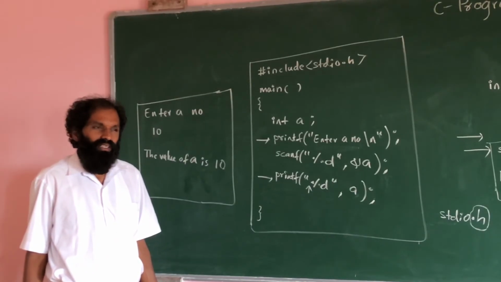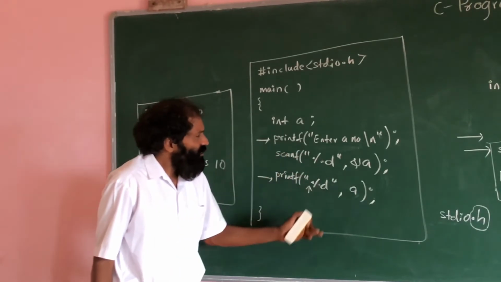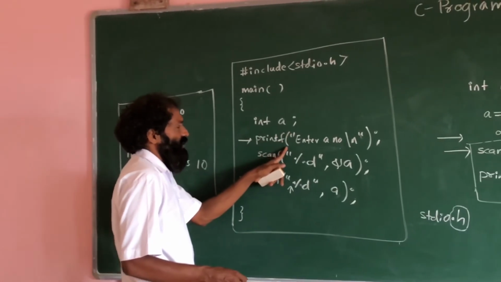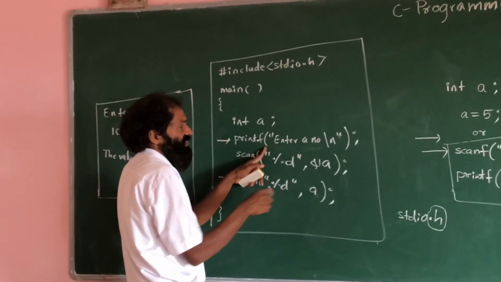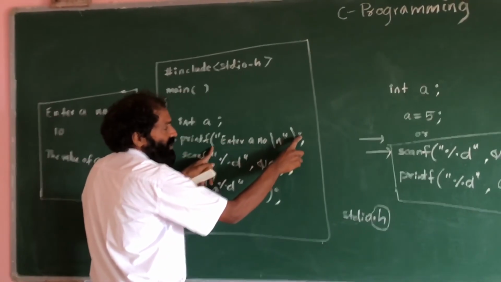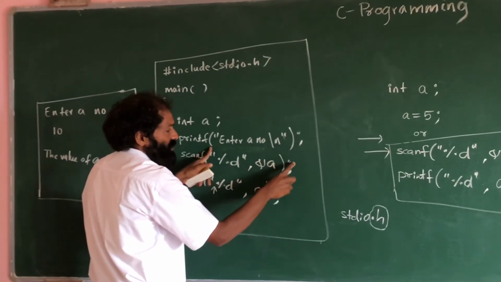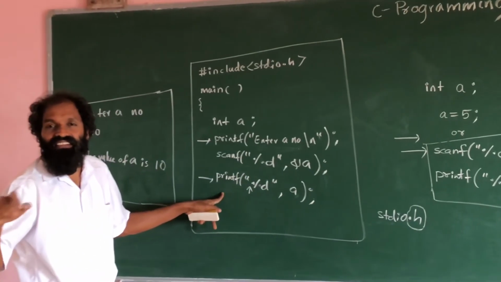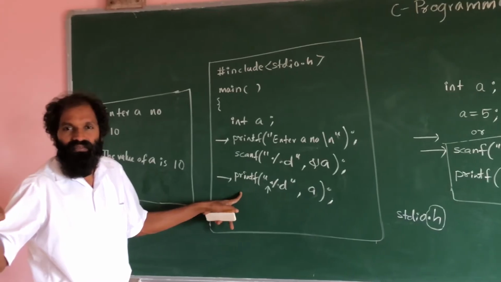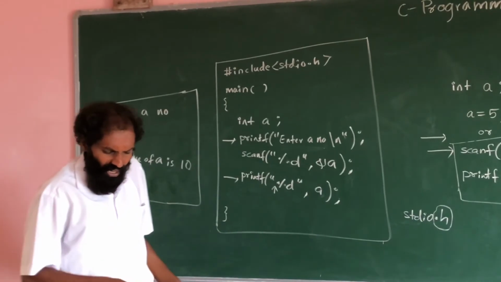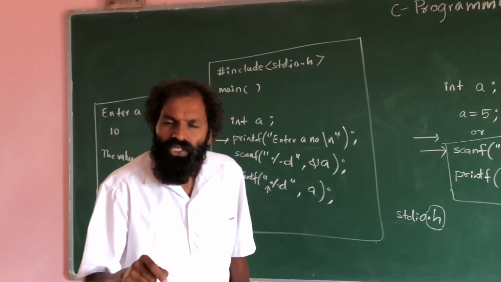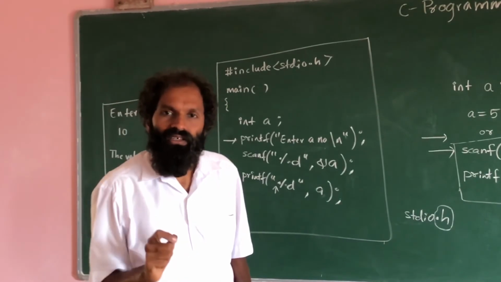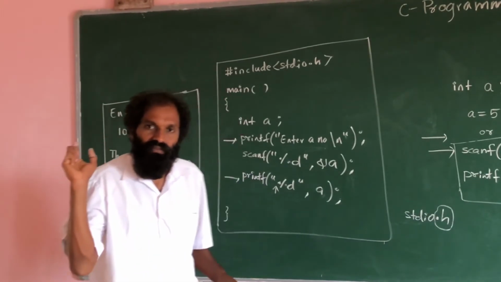Simple. So, here we have some rules we need to understand. Here you have to open this parenthesis, and you have to close it here. Semicolon comes here like that. Usually all lines end with a semicolon. The general rule: whenever we open a curly bracket, the line before it should not have a semicolon.